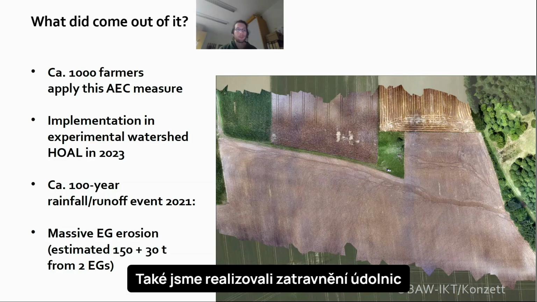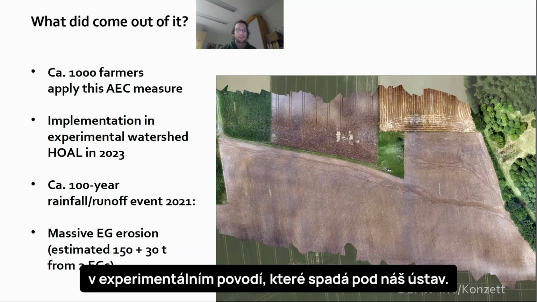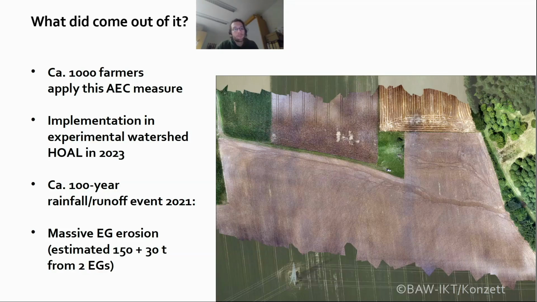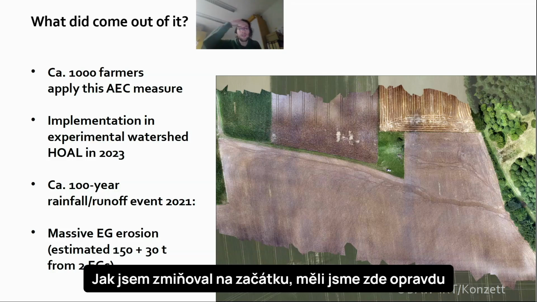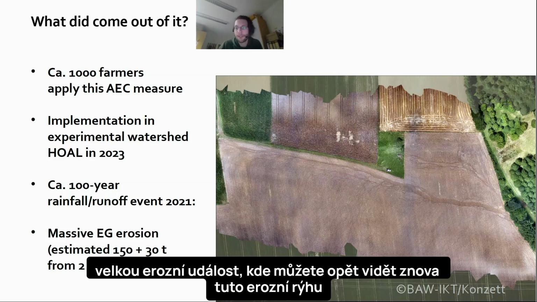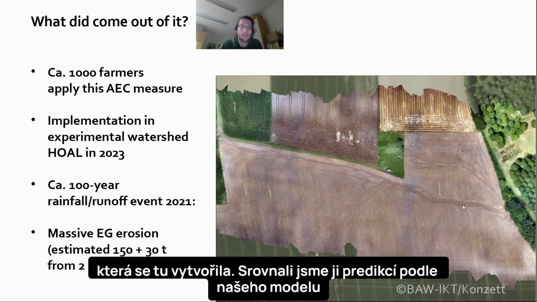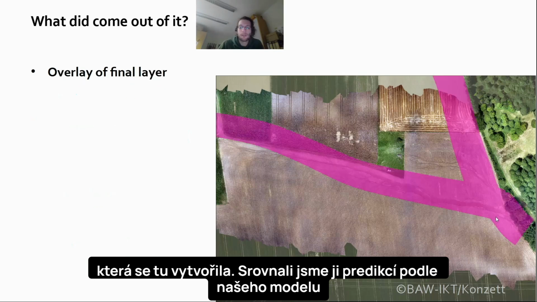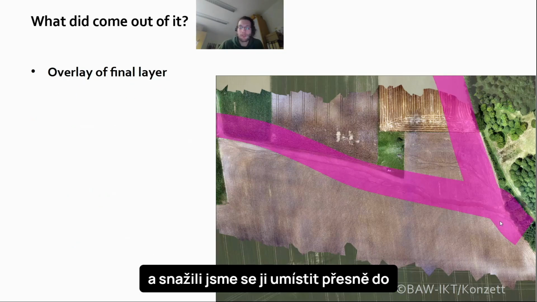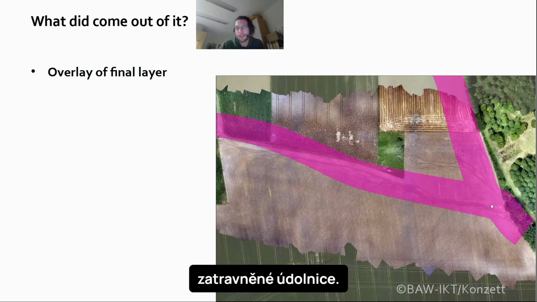We also implemented grassed waterways in the experimental catchment that we have at our institute. As I said in the beginning, we had this really large event where you can see again this large gully that is formed, and we overlaid our prediction and tried to install the grassed waterway exactly there.